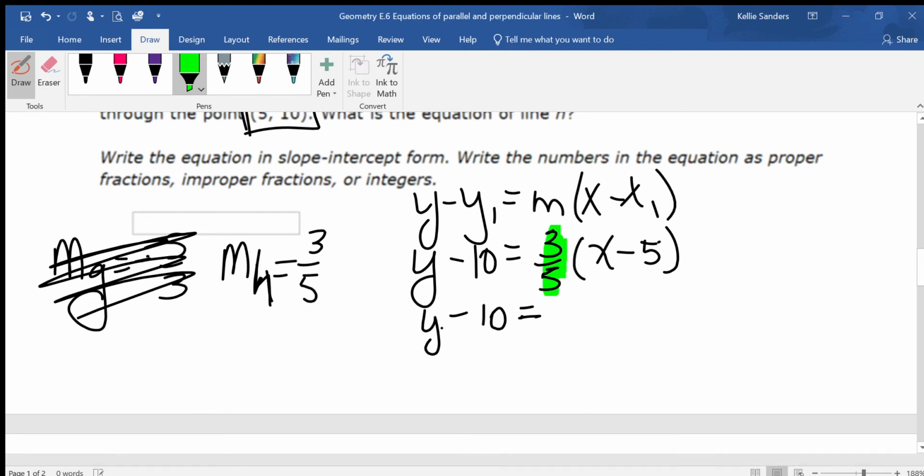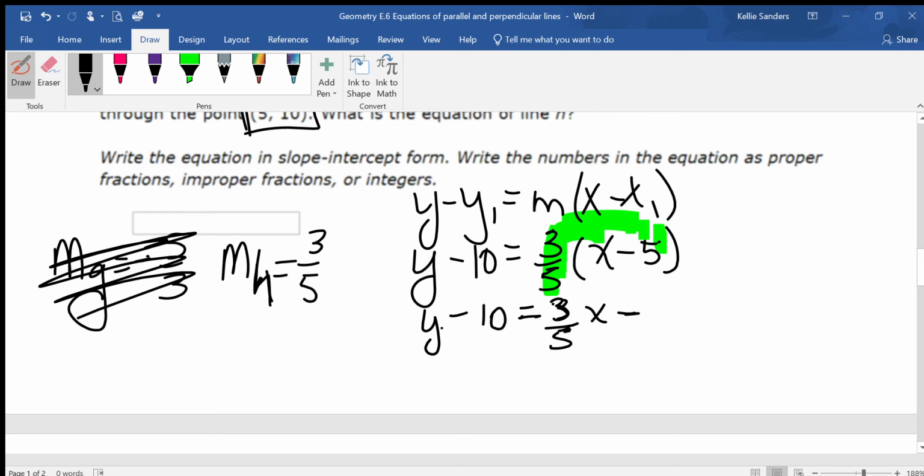So you're going to take this 3 over 5 and you're going to distribute it. So 3 over 5 times x is 3 over 5x. But then we have 3 over 5 times negative 5. Well, 3 over 5 is positive, 5 is negative, so positive times a negative is a negative.